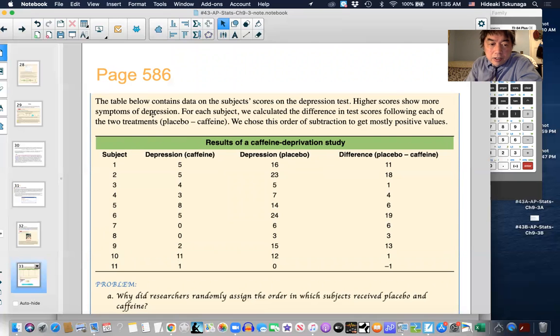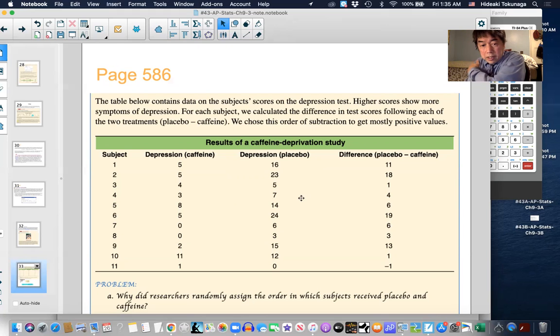The table below contains the data on the subjects' scores on the depression test. Higher scores show more symptoms of depression. So a higher score is kind of really sad, right? The placebo minus caffeine is going to be this one.